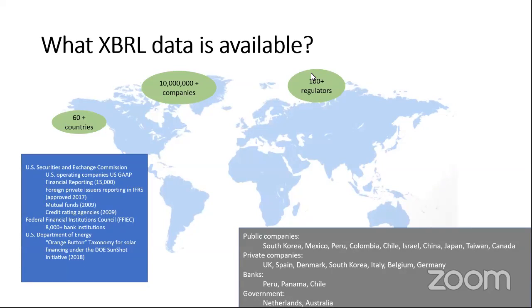Banks are also required to report in Peru, Panama, and Chile. And government agencies in the Netherlands and Australia are also required to report in XBRL. And that's actually business to government implementation. So this gives you a sense of the breadth of information that's out there. And with some of the tools that we put together at XBRL US, we really wanted to make sure that we brought that data to you, to the general public.